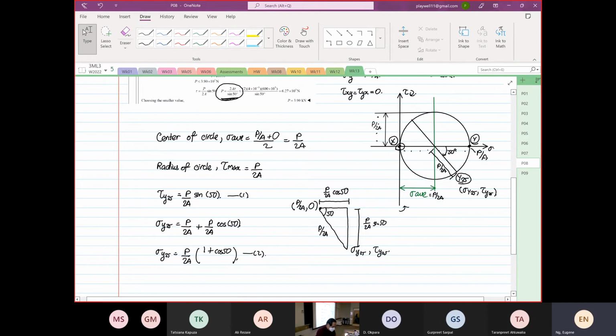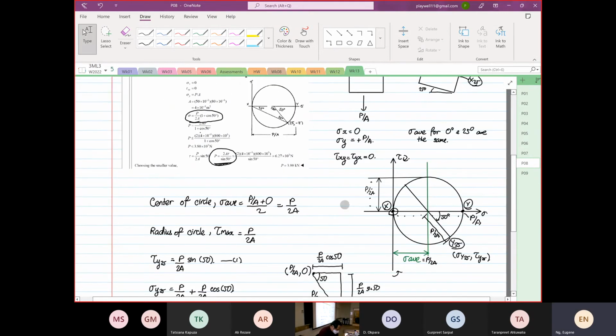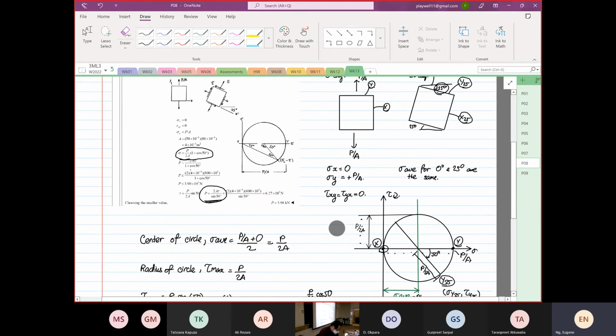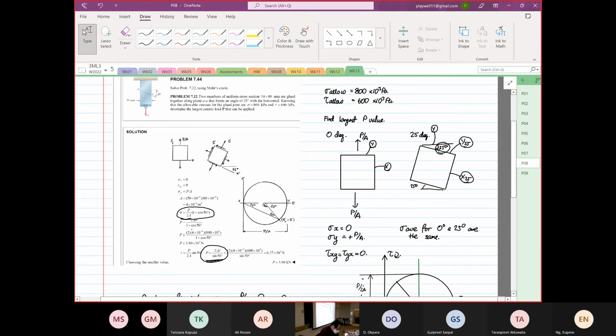Now if we look at the data that is given to us, the allowable stress is 600 pascal. I think that is where the confusion comes in. Remember, all these tests are tested unidirectionally. I did mention this, but I think you all did not know it.